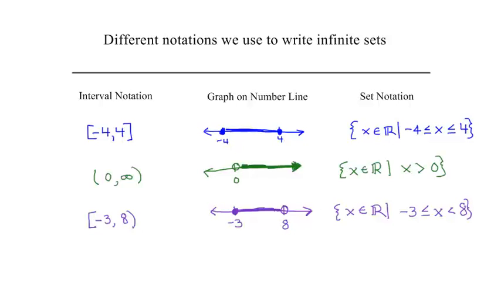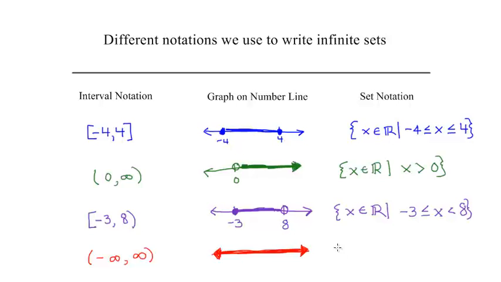And finally, suppose you encounter the infinite set of all real numbers, all the numbers on the number line. The interval notation would be -infinity to +infinity. If we were to graph it, it would simply be all the numbers on the number line, so we'd shade the entire number line to designate all the points on it.